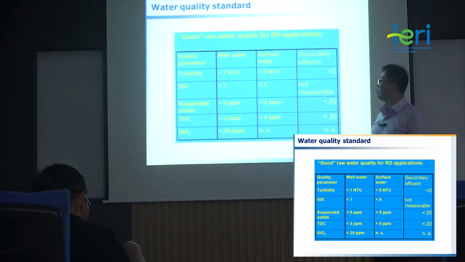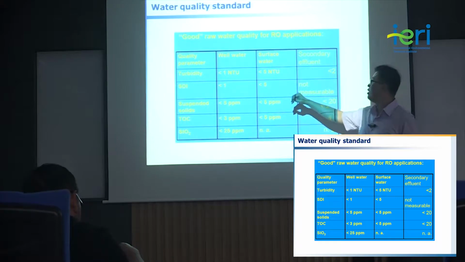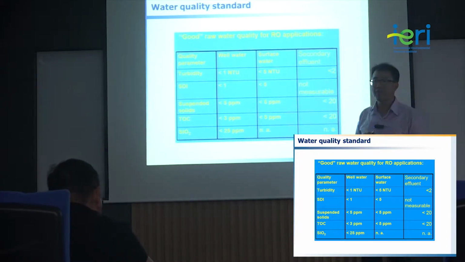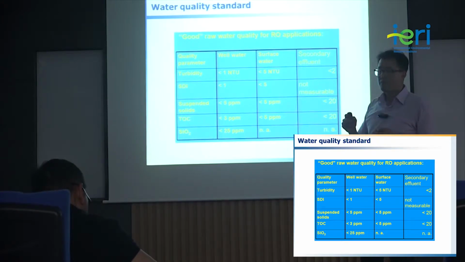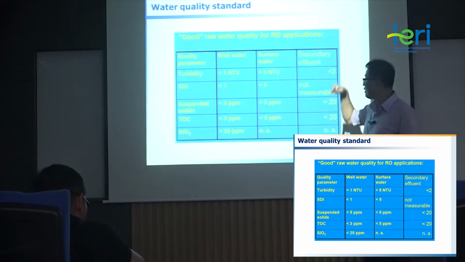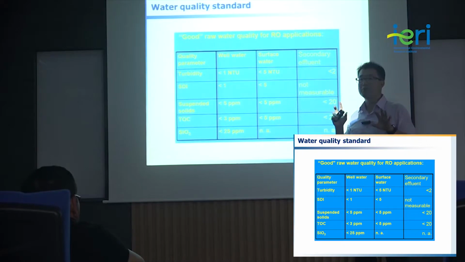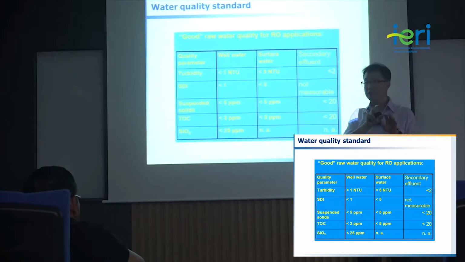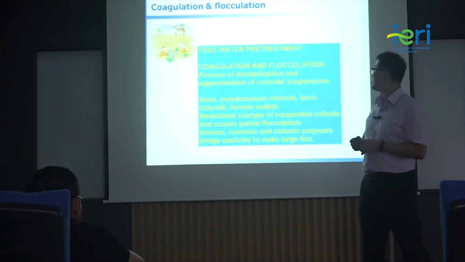To select a very good pretreatment step, you need to focus on this SDI, silt density index. If you cannot decrease this number down to 3 or 5, you should add more pretreatment steps.